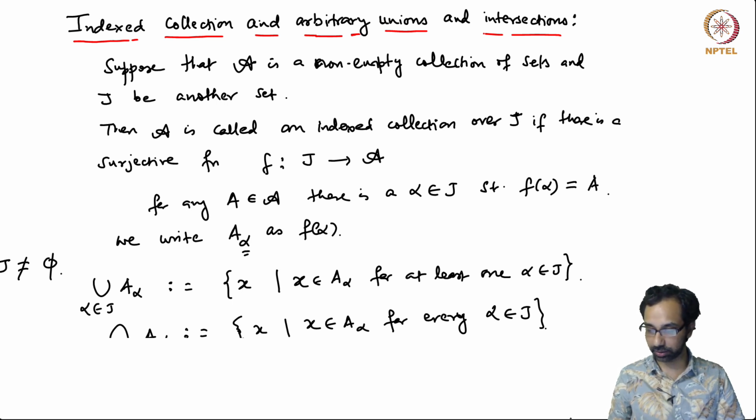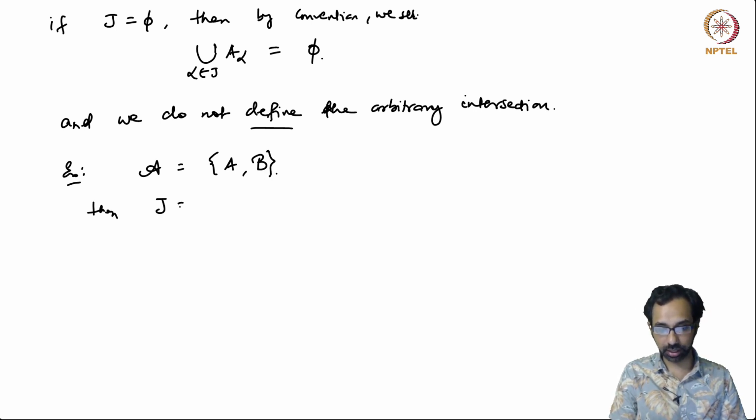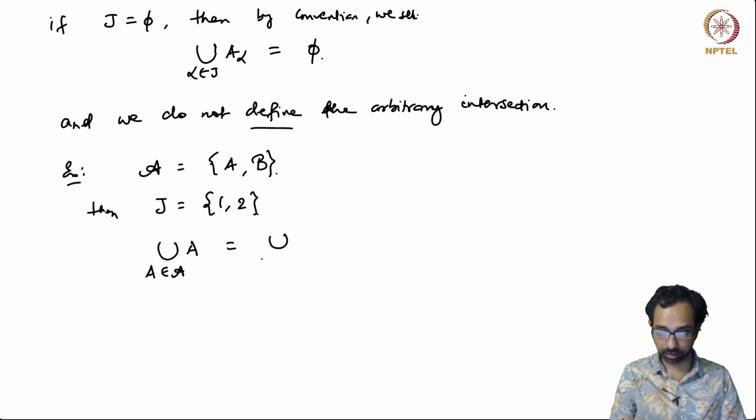So if A is just a finite collection, as an example you can take A to be the set {A, B}, just two sets, then you can take J to be the set {1, 2}, and then the arbitrary union of these sets is the same as the union over i in J of A_i.